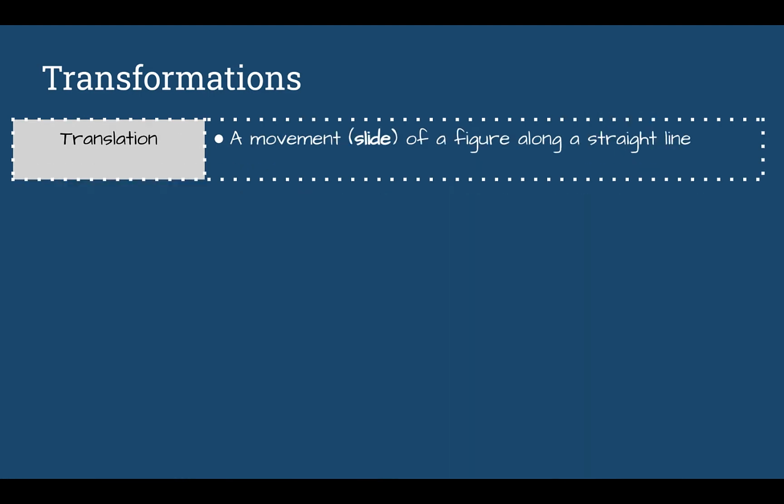Before we look at how these things actually work, let's go through what each of these means. A translation is a movement or slide of a figure along a straight line. It might be straight left and right, straight up and down, or straight diagonal, but it's going to move along a straight line.